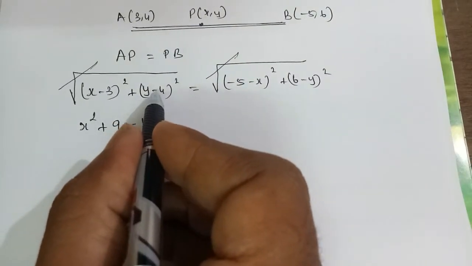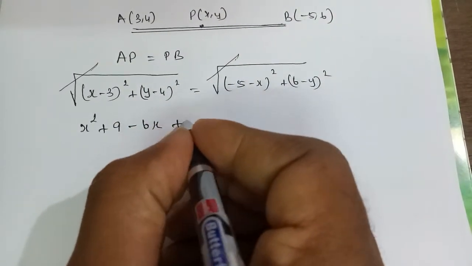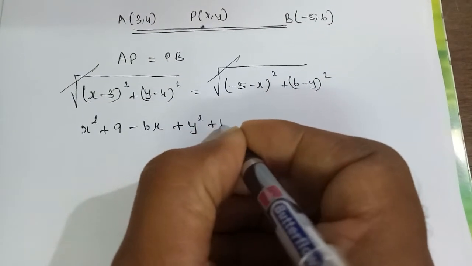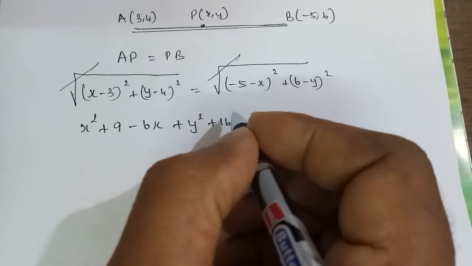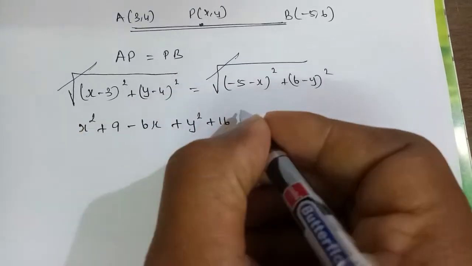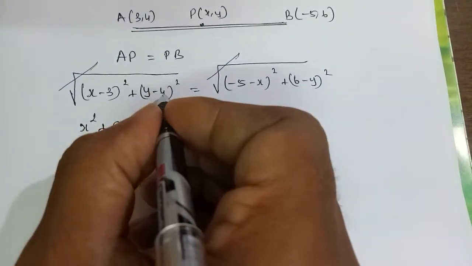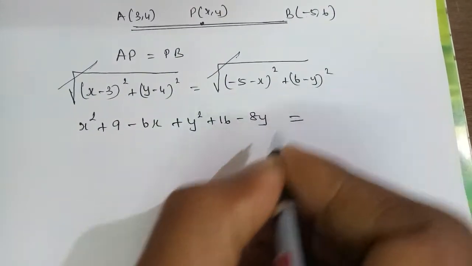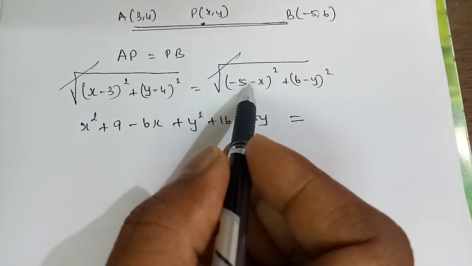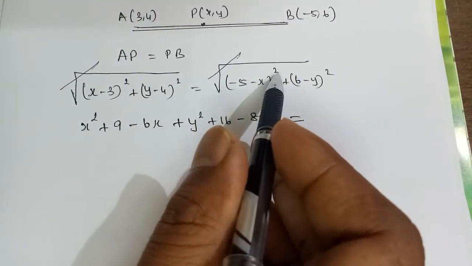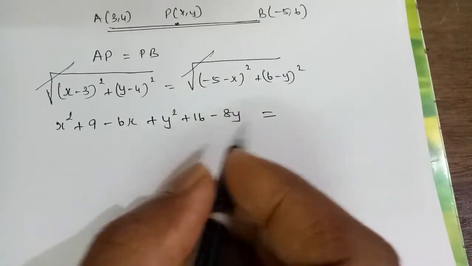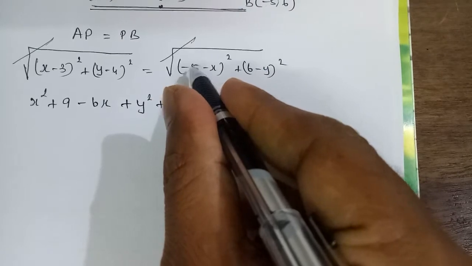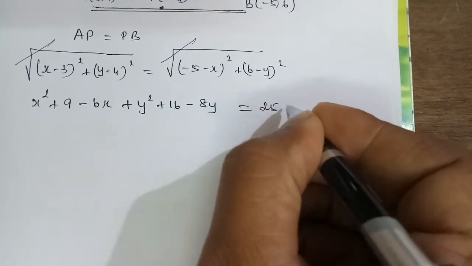So here again, the (a minus b) the whole square formula: plus a square is y square, b square is 16, and 2ab, here we have minus, so minus 2ab, 4 2s are 8, so 8y, that is equal to. On the right hand side we have (minus 5 minus x) the whole square. So we will have 5 5s are 25, minus and minus is plus, so we have 25.